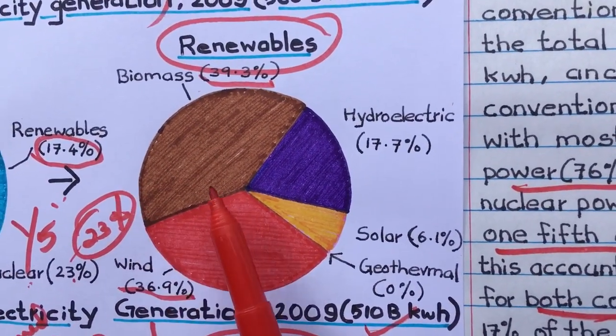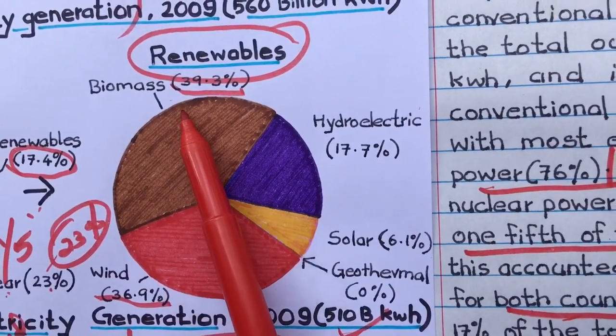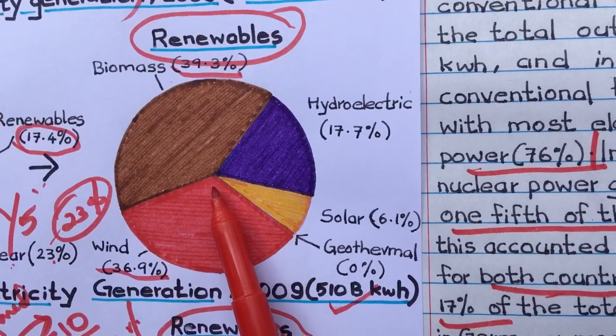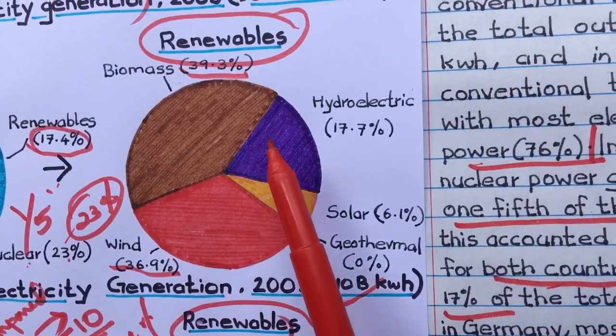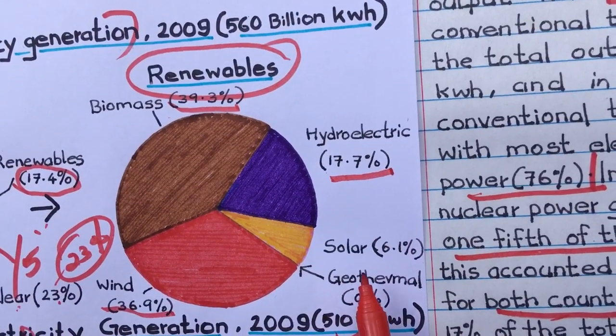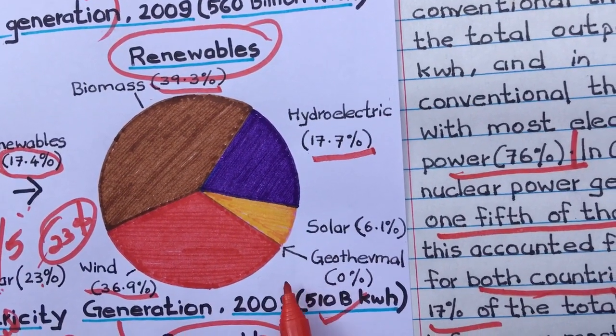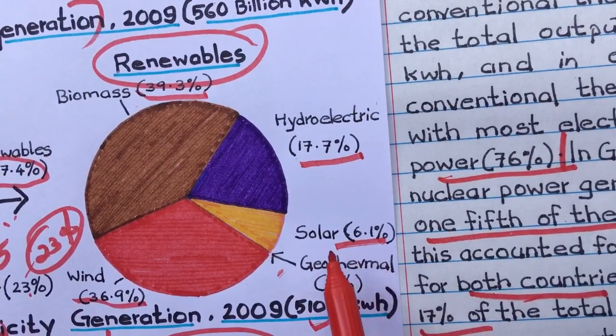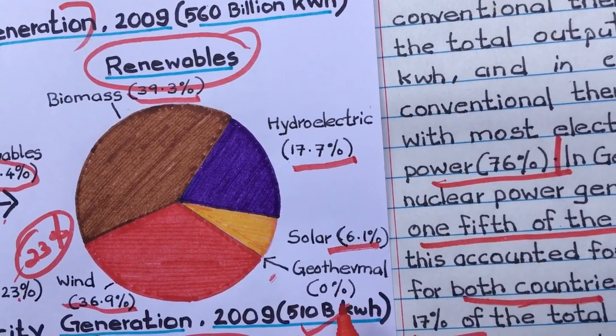In detail, in Germany, most of the renewable consists of wind and biomass, totaling around 75%, which was higher than for hydroelectric. How much is hydroelectric? 17.7%, and for solar it is about 6.1%. And even though they have given geothermal, there is no percent, it is 0%.